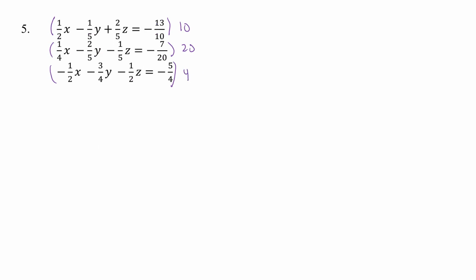All right, so 10 times a half, well, that's going to give me a 5x. 5 goes into 10 twice, that's 2, and it's a negative, so that's going to be a minus 2y. And 5 going into 10 twice times 2 would be 4, so it's going to be plus 4z, and that equals, and now the 10 and 10 cancel, negative 13.